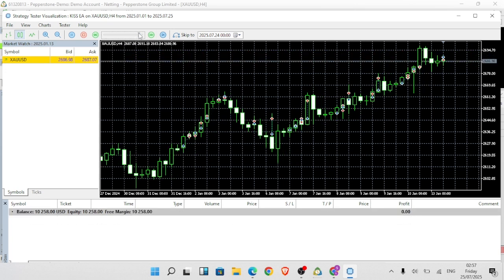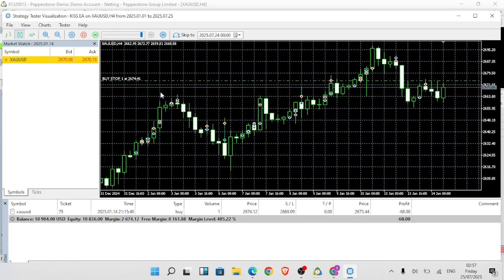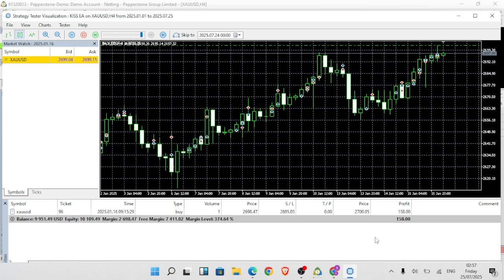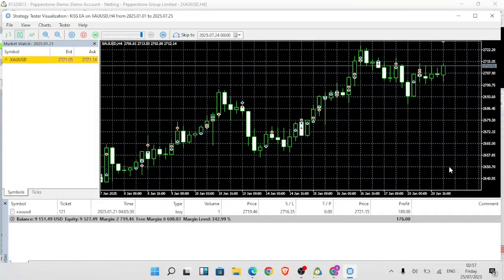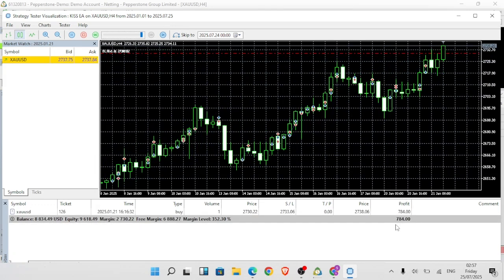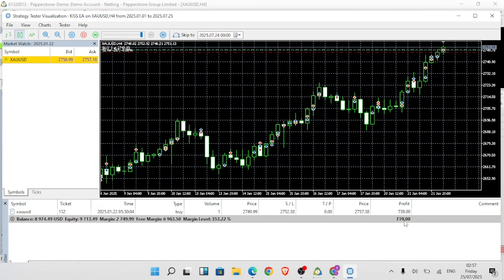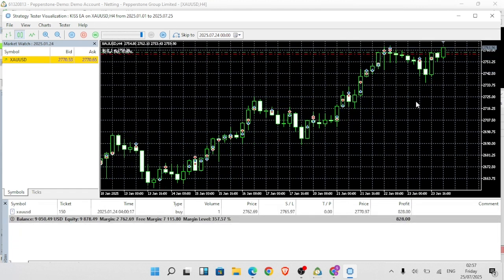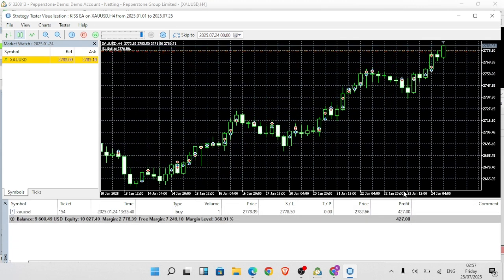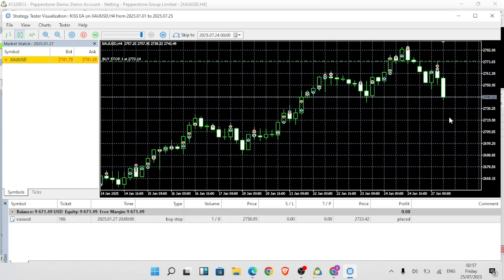Let me speed it up a bit. We see what's happening. During this backtest, I have noticed sometimes you'll have very good floating profits, and then the price will retrace and close that trade.